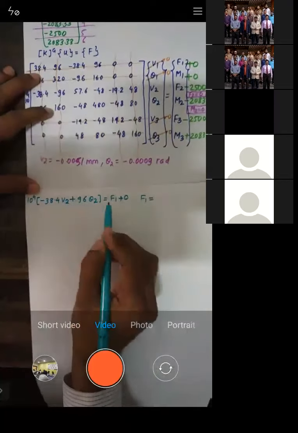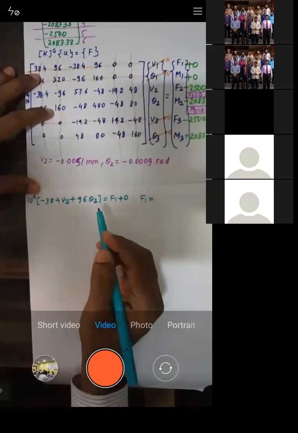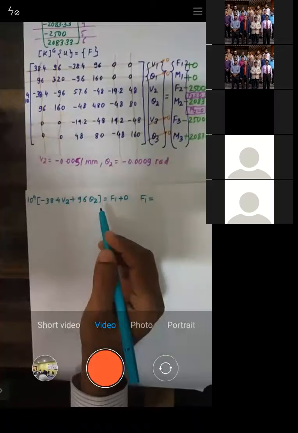V2 is known, theta 2 is known. So if you calculate F1, all of you just do this calculation. F1, do this one.